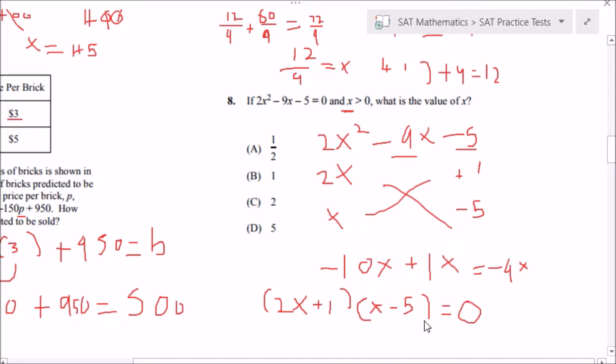So they're basically the same thing. Then the zeros are negative 1 over 2, which is not greater than 0, but this one is equal to 5 because x minus 5 is equal to 0. Then if you add 5 on both sides, x will be equal to 5. That'll be your answer.